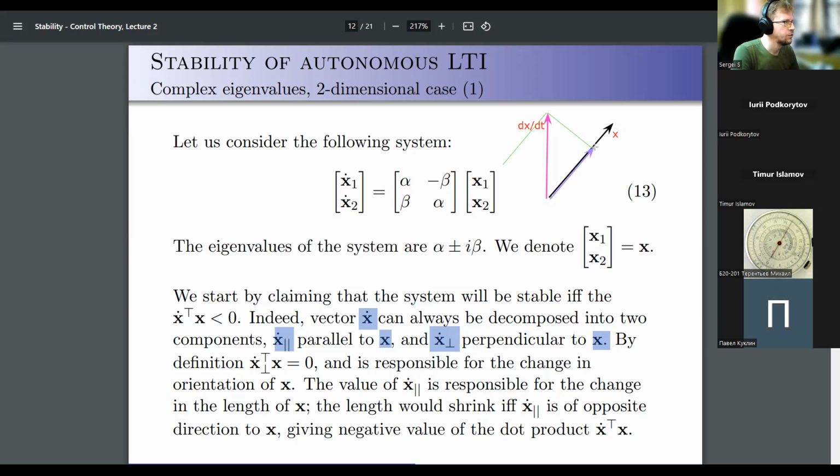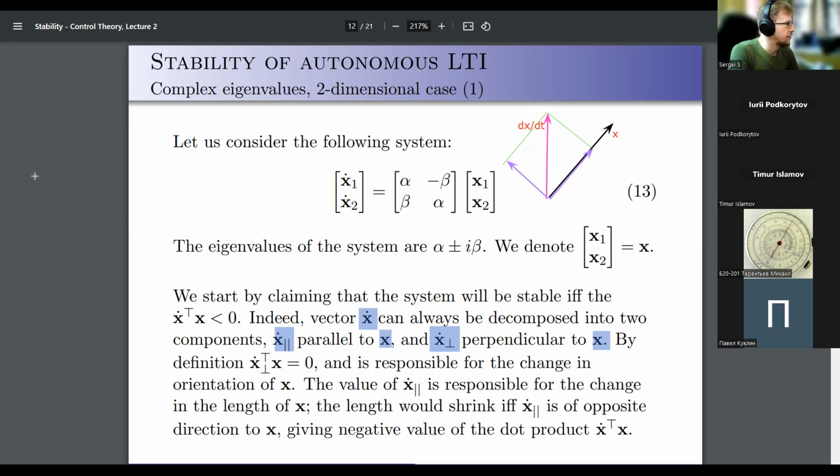Here's one component that is x dot parallel. Here's another component that is x dot perpendicular. So far, so good. x dot is equal to the sum of those two vectors.